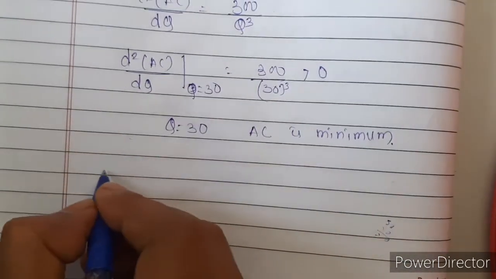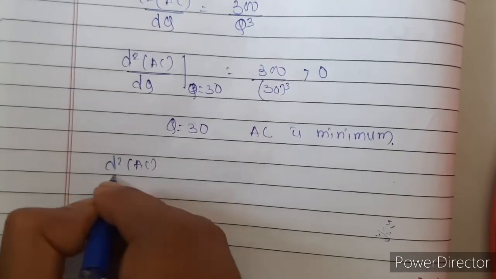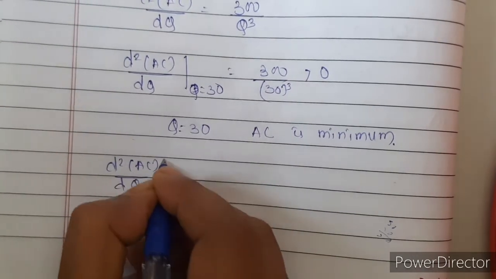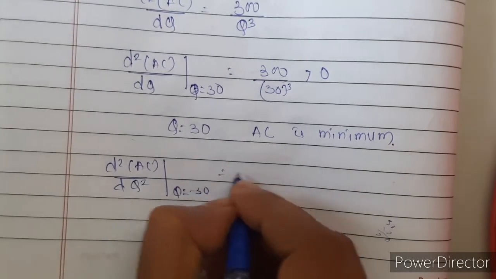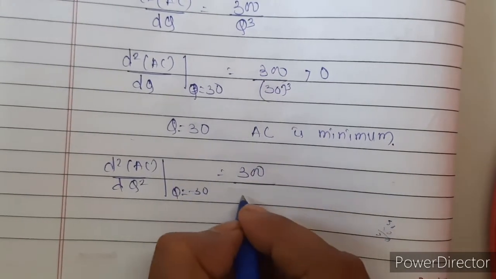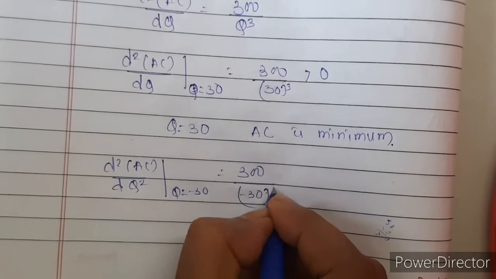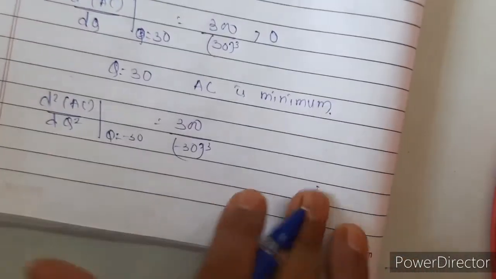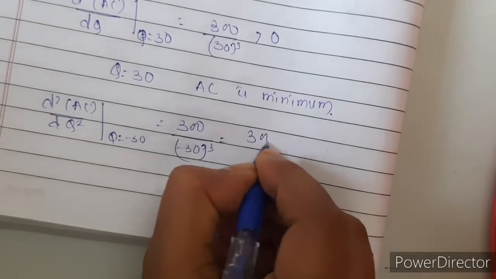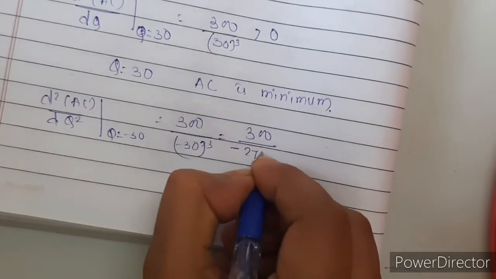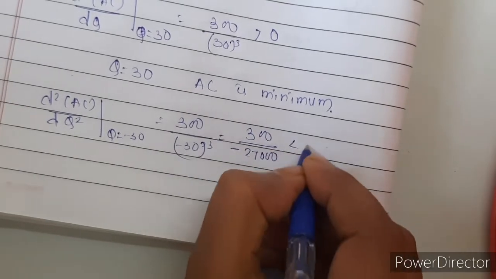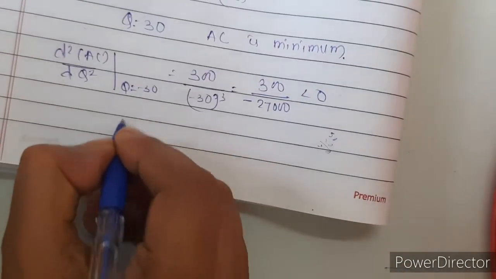Okay, and if I am substituting Q equals minus 30, this will be 300 by minus 30 cube. So this is going to be 300 by minus 27000, which is less than 0.